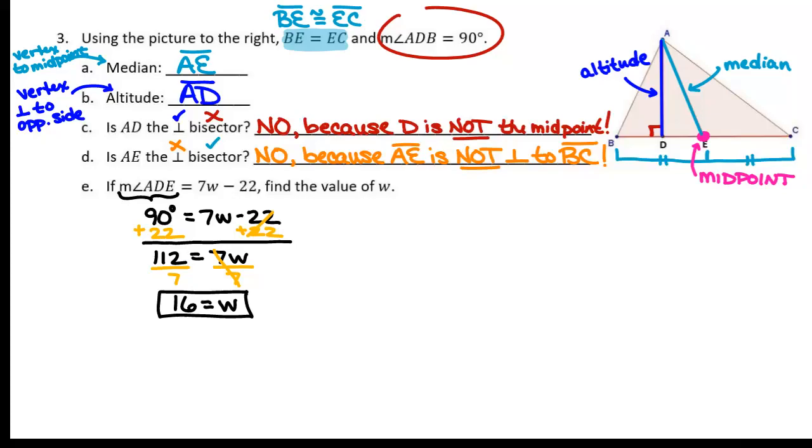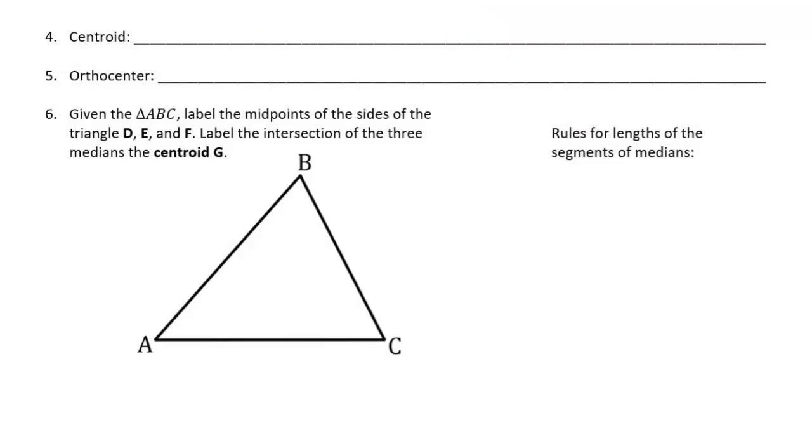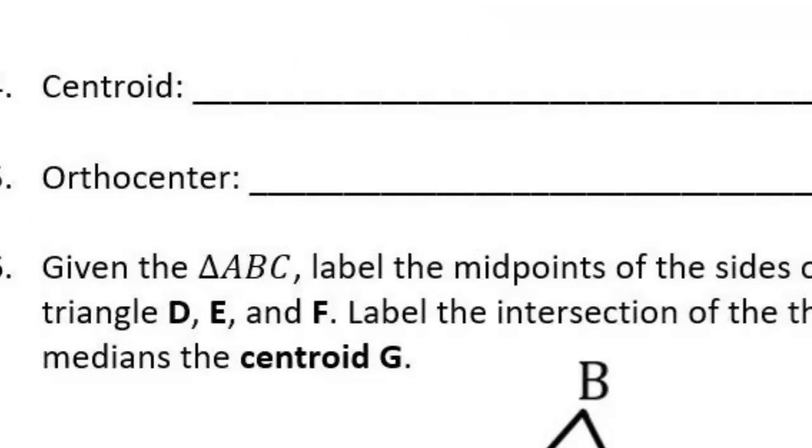All right. Let's go look at number 4, next page. Let's flip the page. So that's medians and altitudes. We said we were also going to talk about centroids and orthocenters.